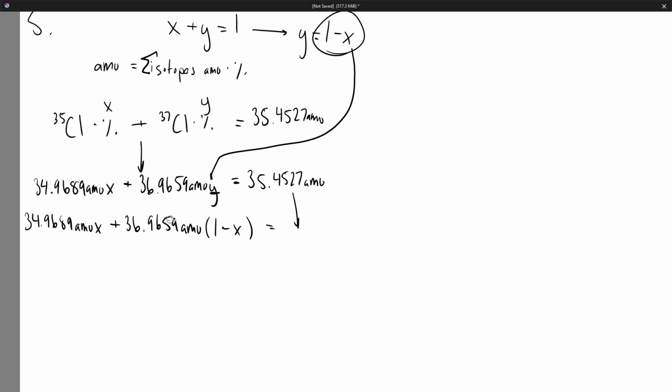Now we want to distribute this mass into 1 and minus x.